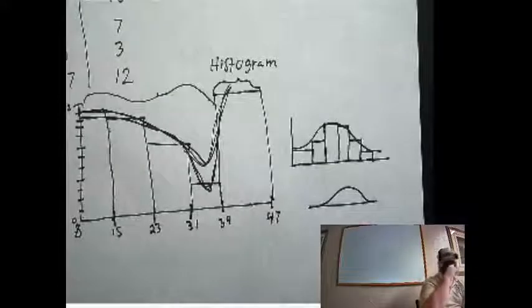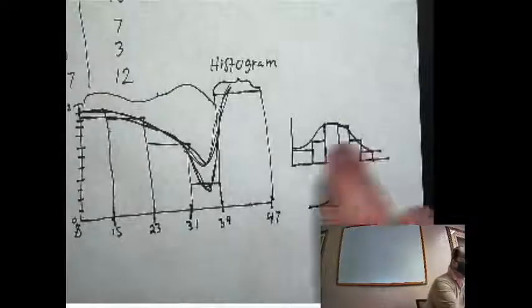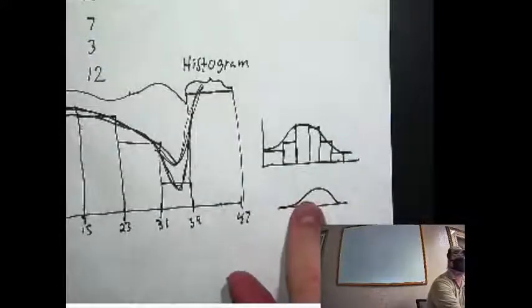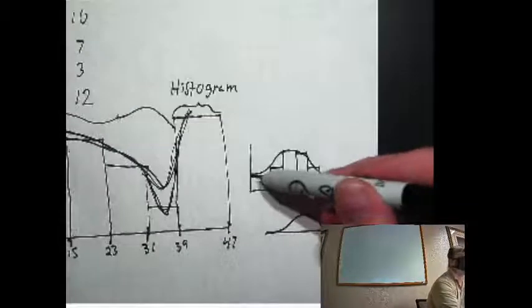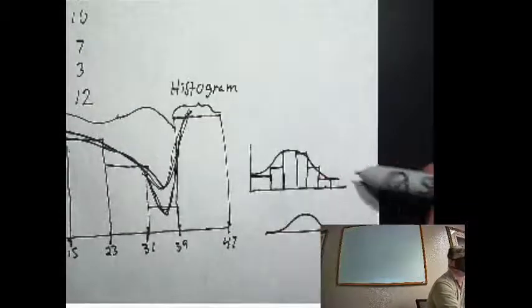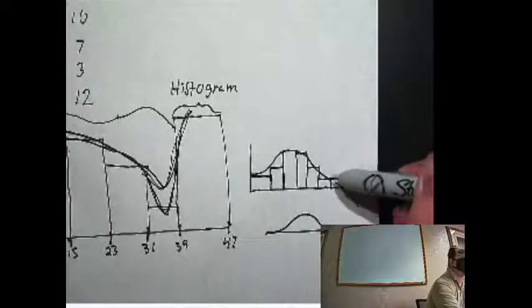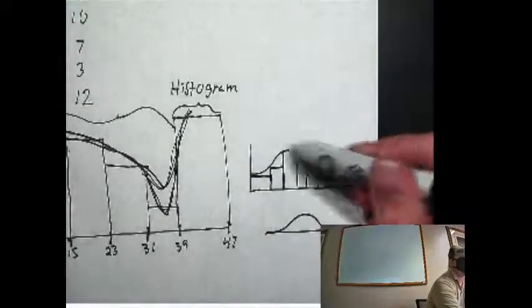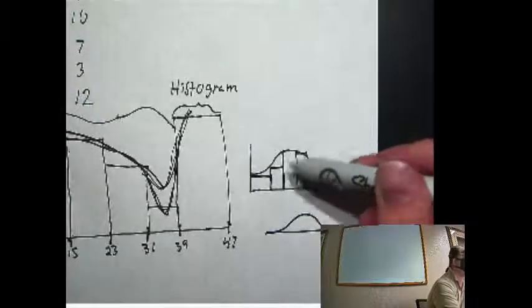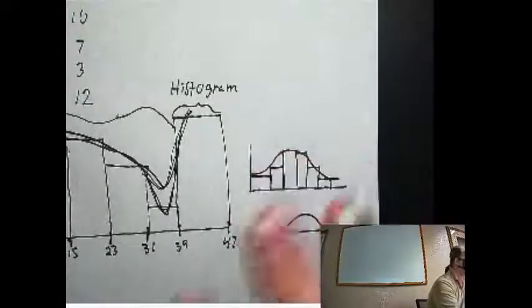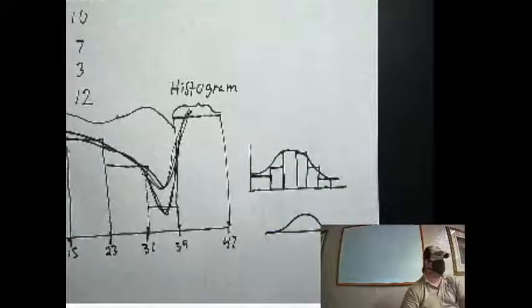Okay? If we were to look at grades on a test, it would typically look something like this. You have a few people who do really bad, a few people who do really good, and then a lot of people who do, you know, like 70 or something like that. It's midway through. Okay?